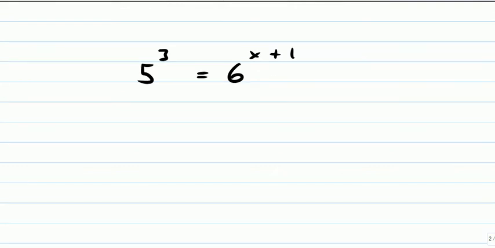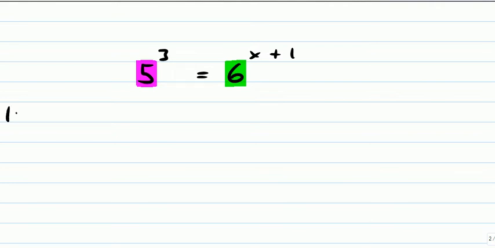Let's say, 5 to the 3rd equals 6 to the x plus 1. Students right away, oh, that's the harder type of problem. Okay, well, we have a tool. We're going to use that tool on the 5 and on the 6.